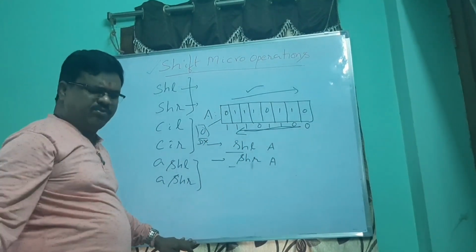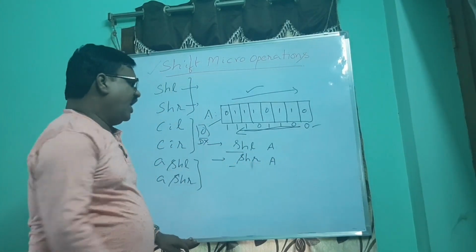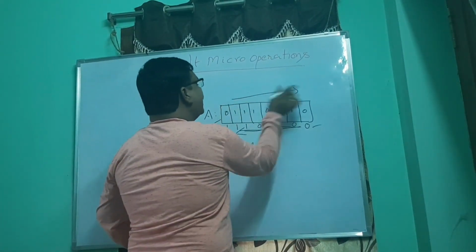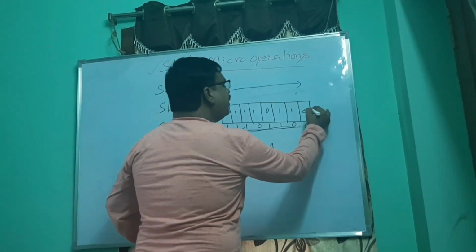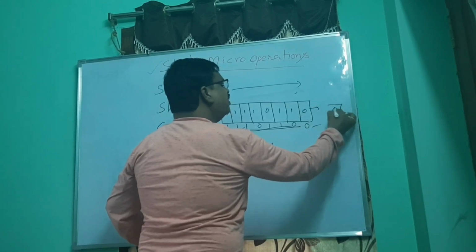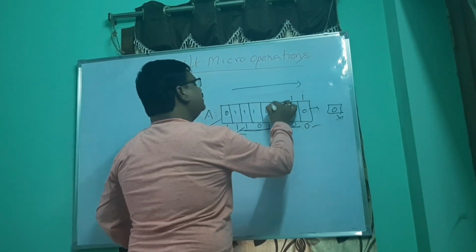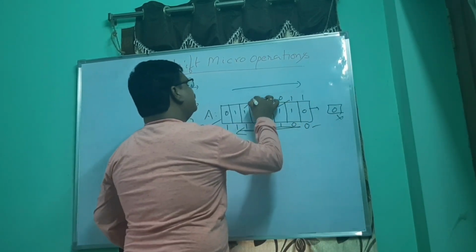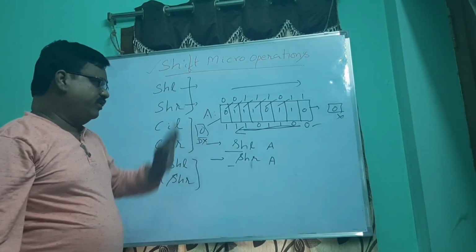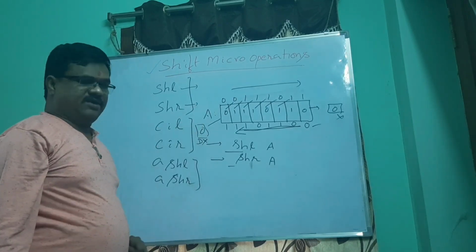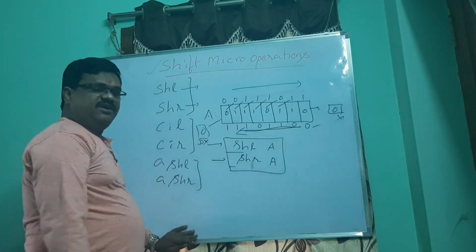It is assumed that a new 0 is stored in the LSB. Or else, if you move the data in the other direction, then the 0 in the least significant bit will be discarded, and a new 0 will be added at this point. So this holds for both shift left A and shift right A.